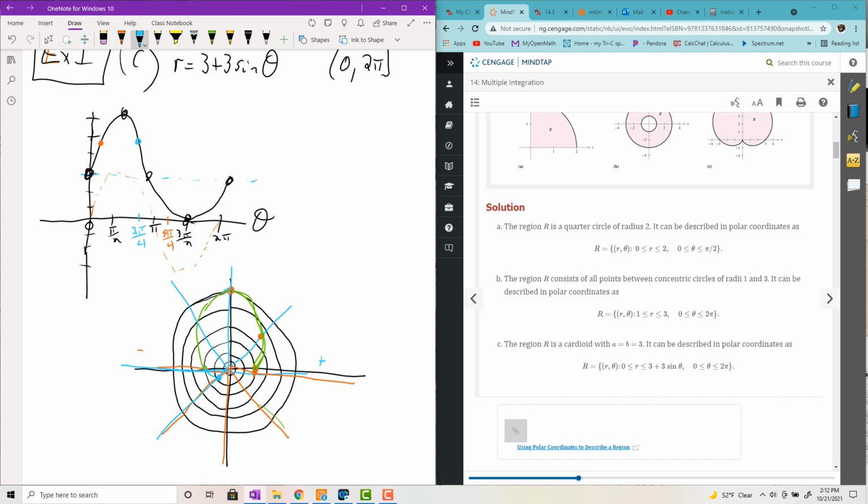At 3 pi over 2, it's going to be 0. I'll stop doing green. It's like that. And then it's going to kind of reverse itself. So it's going to jump back out to 1 and then hook up with the graph at 2 pi. What you end up with looks kind of like an upside down heart, called a cardioid for that reason.